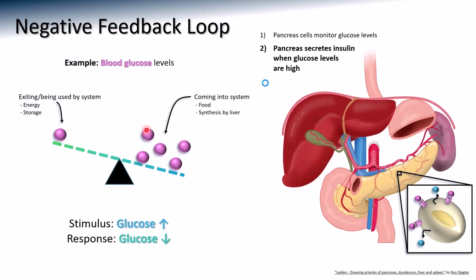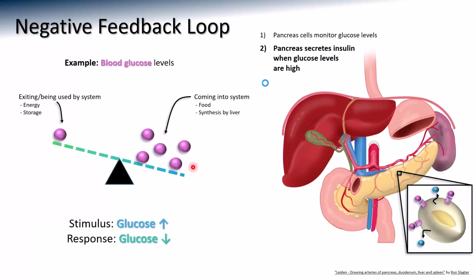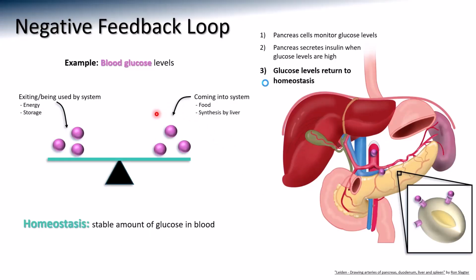We'll save that for physiology. So we're secreting insulin, and by secreting insulin, we are going to make sure that some of that glucose is going to be used by the system, and now we are back into homeostasis. So why is this a negative feedback loop? Well, because our stimulus that began it was to have too much of something, and our response was to reduce that. And we reduced it by secreting insulin in this case.